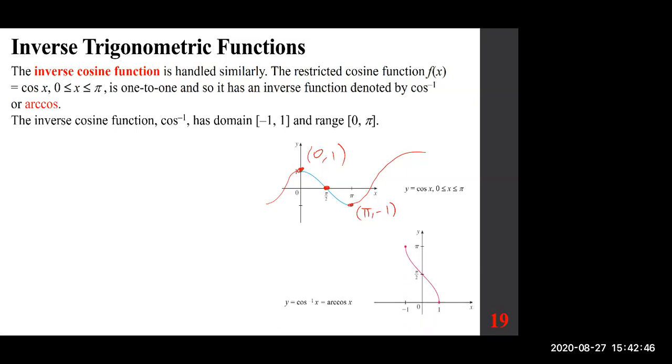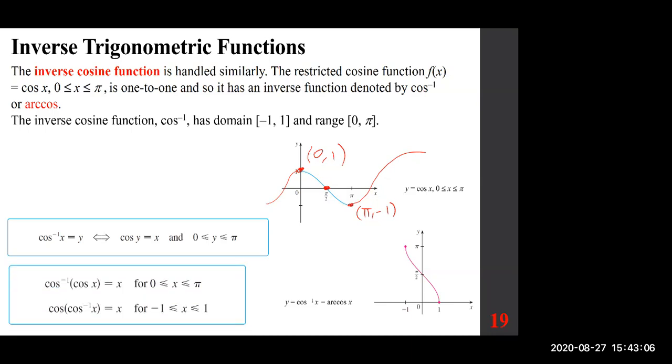So I hope you see that the domain of the inverse was the range of the cosine. Remember, the range of cosine and sine are the same, negative 1 to 1. It becomes the domain here, negative 1 to 1. The only difference is, in the case of sine, we go from negative pi over 2 to pi over 2 to do the restriction.